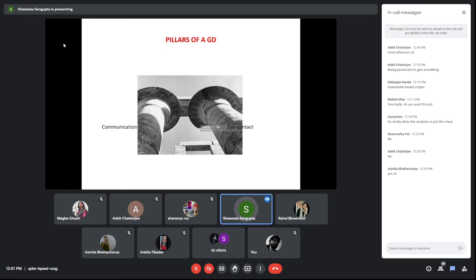The other pillar of a GD is eye contact. Eye contact is one of the most important things in the course of communication. Whenever you're talking in the course of a GD, you should try to move your head and make eye contact in turn with everyone present in the room, not just the interviewers, but all the other candidates too.